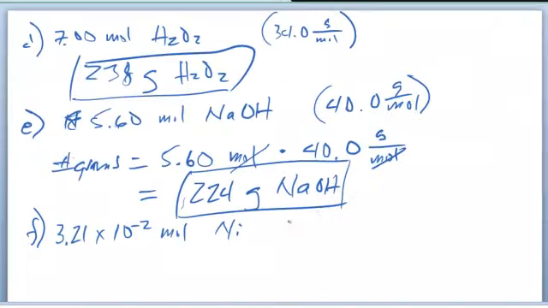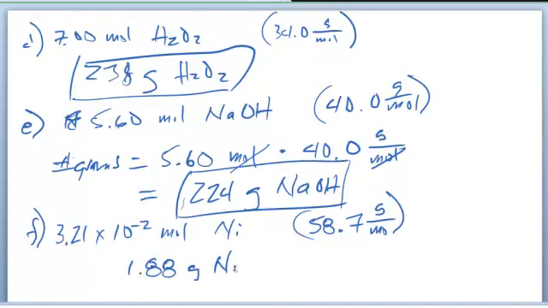Okay, so all you've got to do here is just look up the atomic mass of nickel, which is 58.7, if you round it to the tenths place. And so when we multiply 3.21 times 10 to the minus second mole times 58.7 grams over 1 mole, you should get 1.88 grams of nickel.